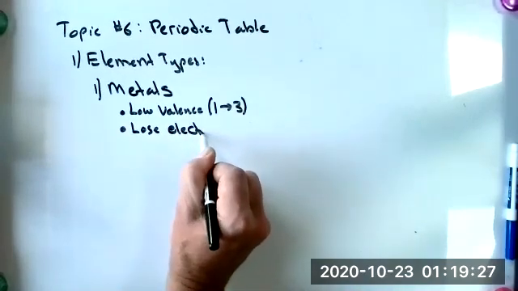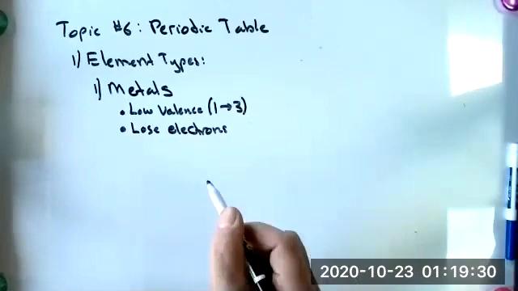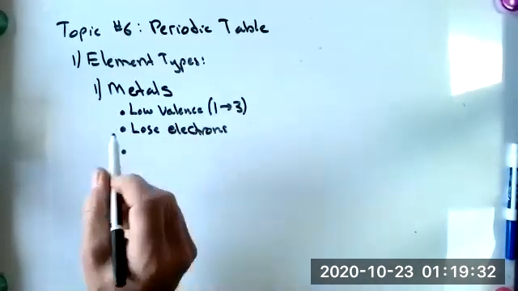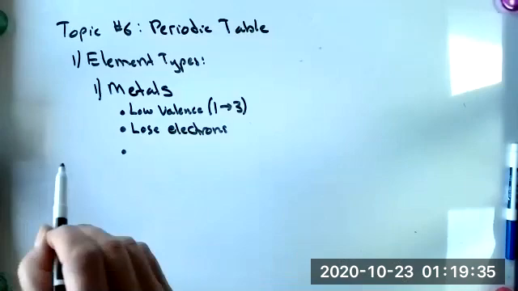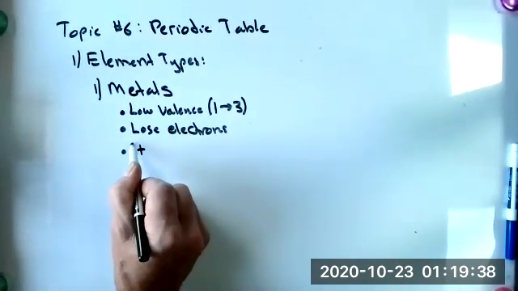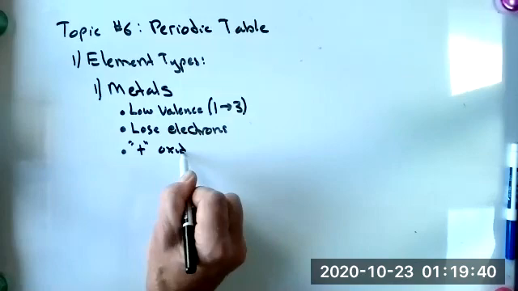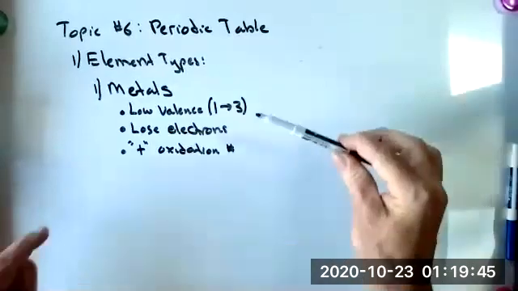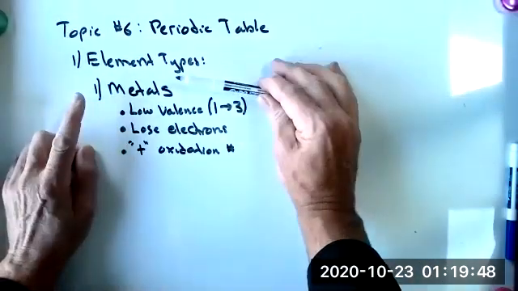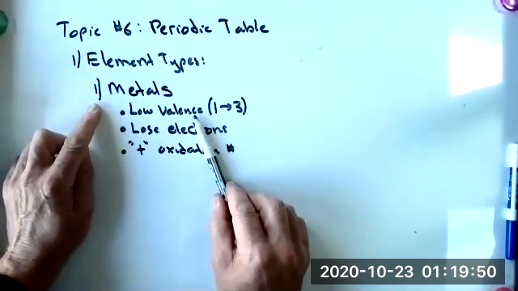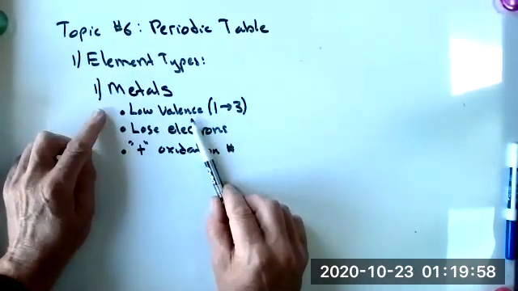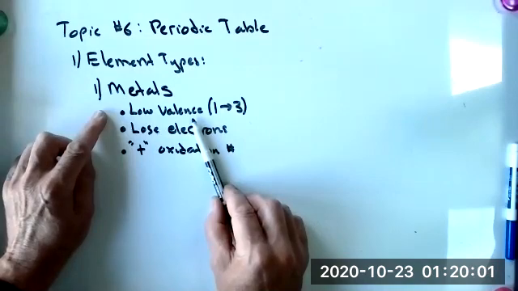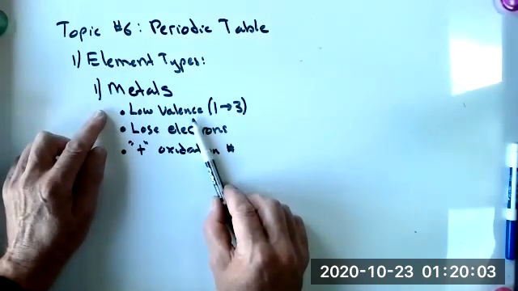And if an element or atom loses electrons, it has a positive oxidation number. So all elements that are classified as metals have these things in common, which means they all have very similar properties. They're shiny, they're malleable, they conduct electricity. They would love to combine with elements on the far right of the table.